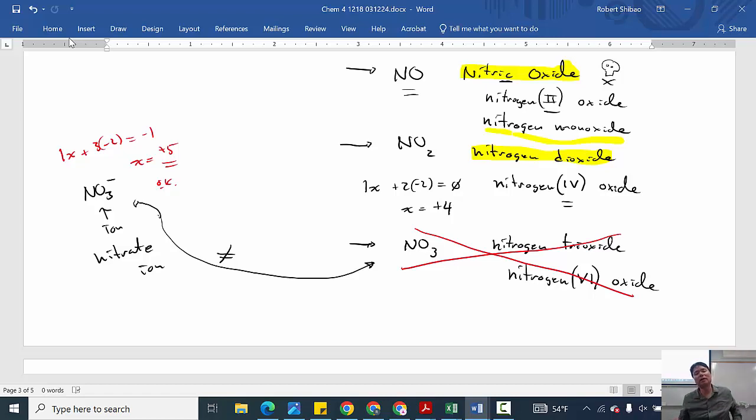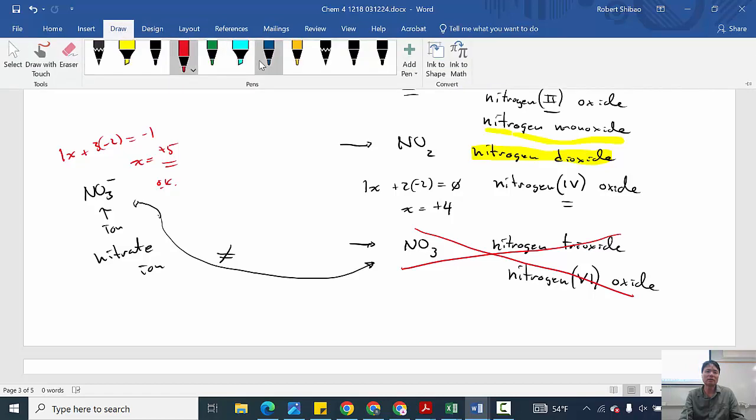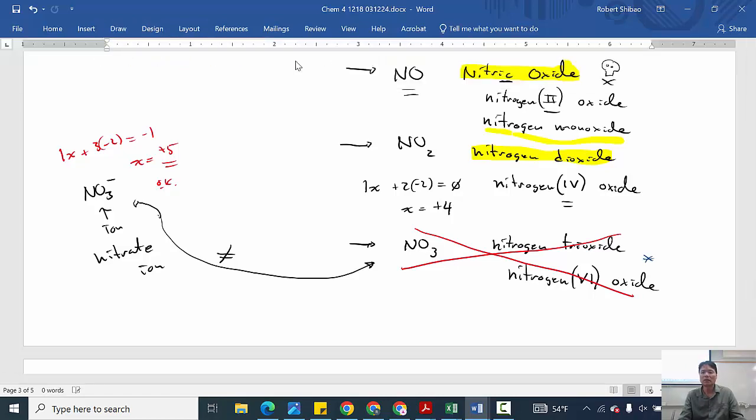It could form like, I shouldn't say, there could be a peroxide link, you know, that's possible. And so let me put a little asterisk here. There could be a peroxide link, but if there's a peroxide link, then what that means is the nitrogen stays at +5, the oxygen changes from -2 to -1.